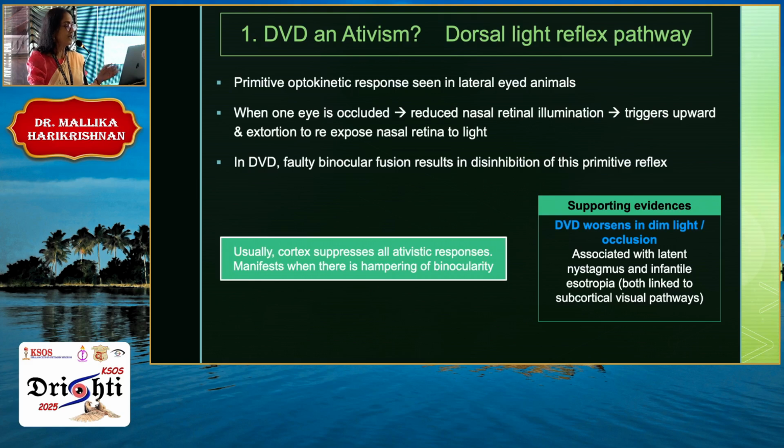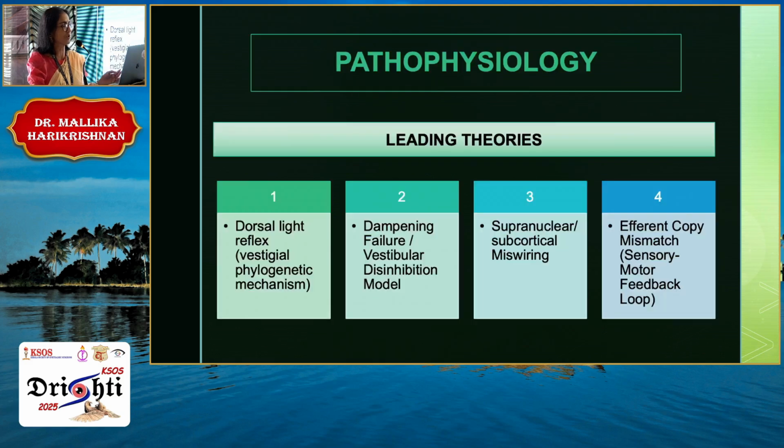So when one eye is occluded, as per this theory, reduced nasal retinal stimulation will be there that will trigger upward movement and extorsion to expose the nasal retina to light. So in DVD, faulty binocular fusion results in disinhibition of this primitive reflex. There is some supporting evidence, like DVD worsens in dim light or occlusion.